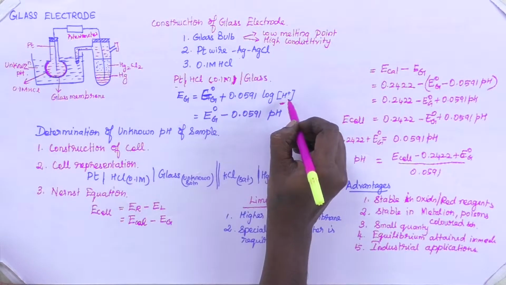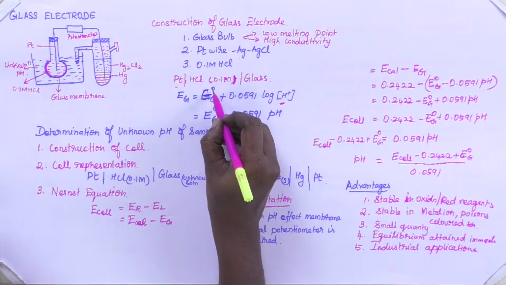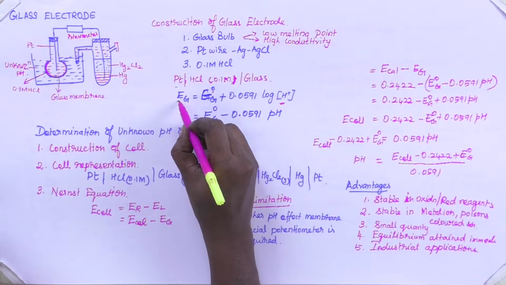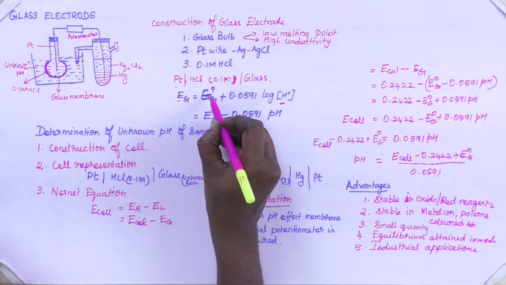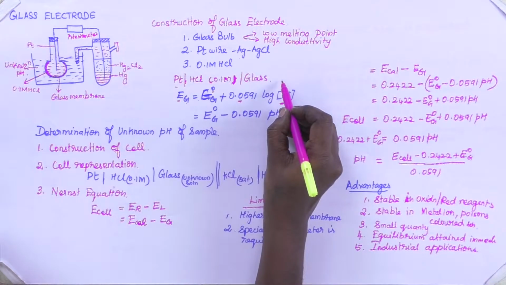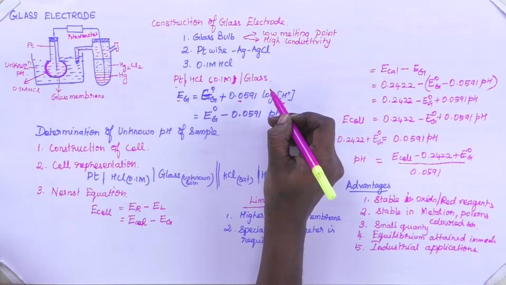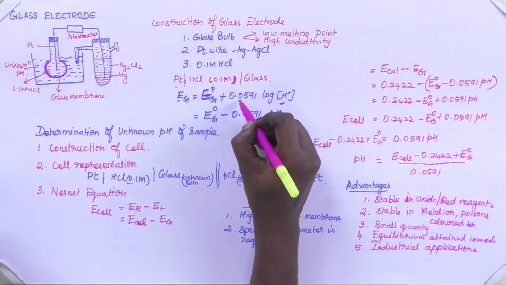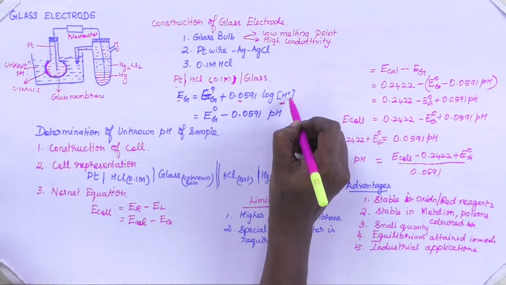We already know this is the Nernst equation, where E naught represents the standard one, and E represents the potential, that is, the potential of the glass electrode is the standard electrode potential of the glass plus 0.059, which is the short form of RT by nF. Substituting the constant values, we have 0.0591 and log of H plus ion. This is the final form of the Nernst equation for the glass electrode.